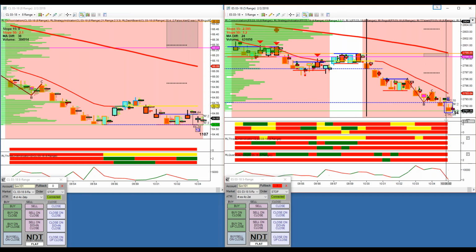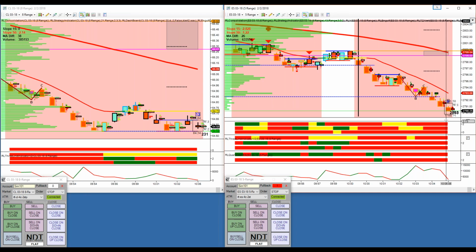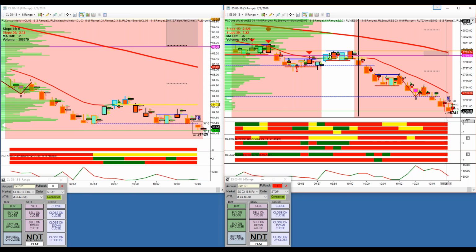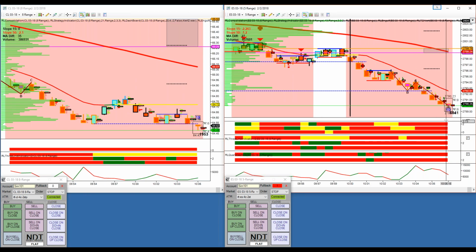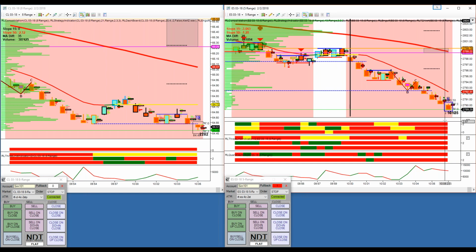Market broke the pivots, pushing it down lower. I mean, we just cannot chase this lower. Unbelievable.